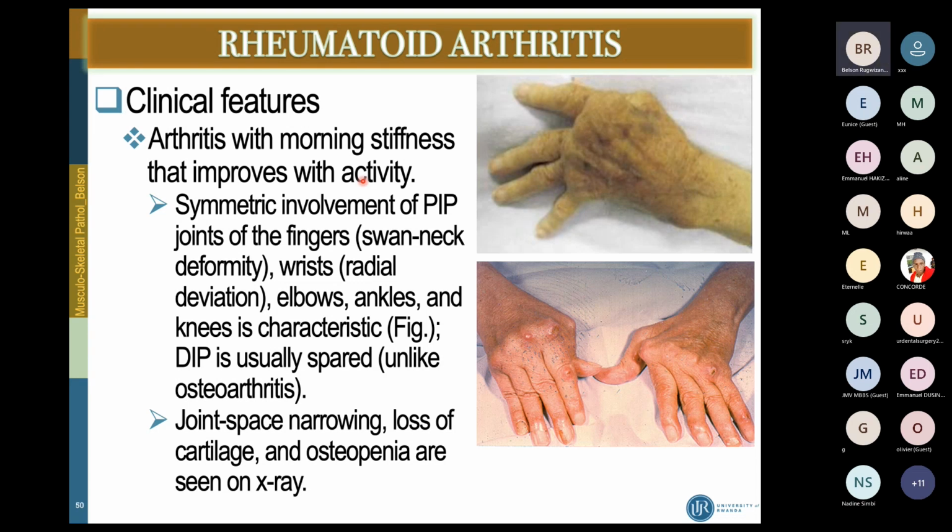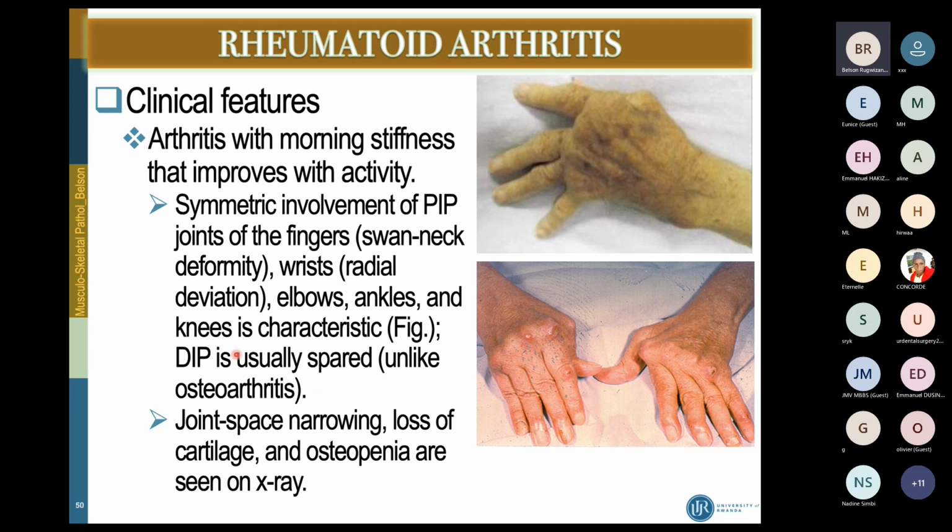So it is a symmetric involvement of the proximal interphalangeal joints of the fingers with a swan neck deformity, wrist radial deviation, elbow, ankles, knees, and so on. So DIP is usually spared.